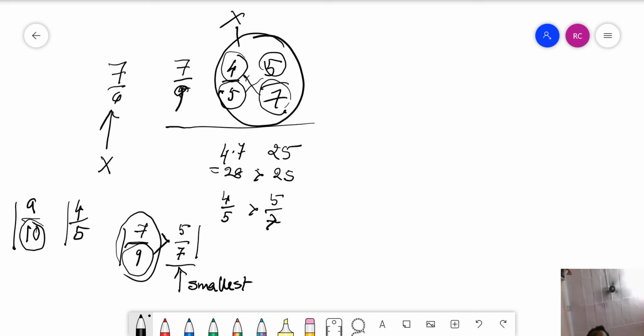However, the fraction whose denominator is larger will also be larger. So in this case, since 7 by 9, 9 the denominator is larger than 7 the denominator of 5 by 7, it basically implies that 7 by 9 is larger than 5 by 7.